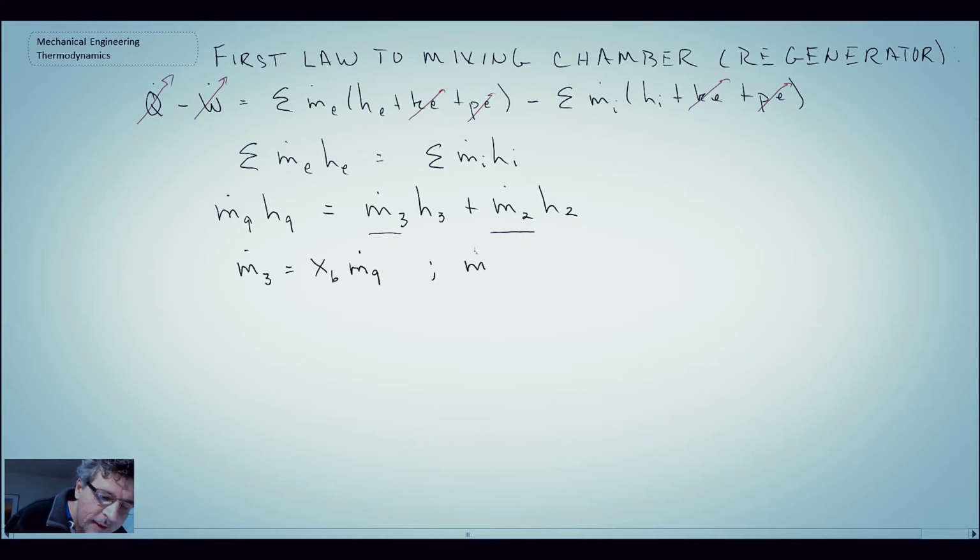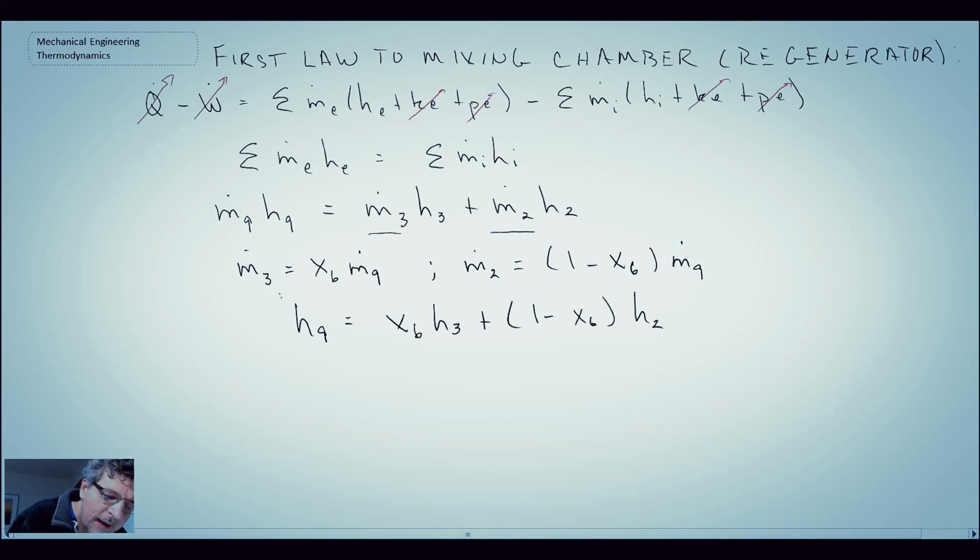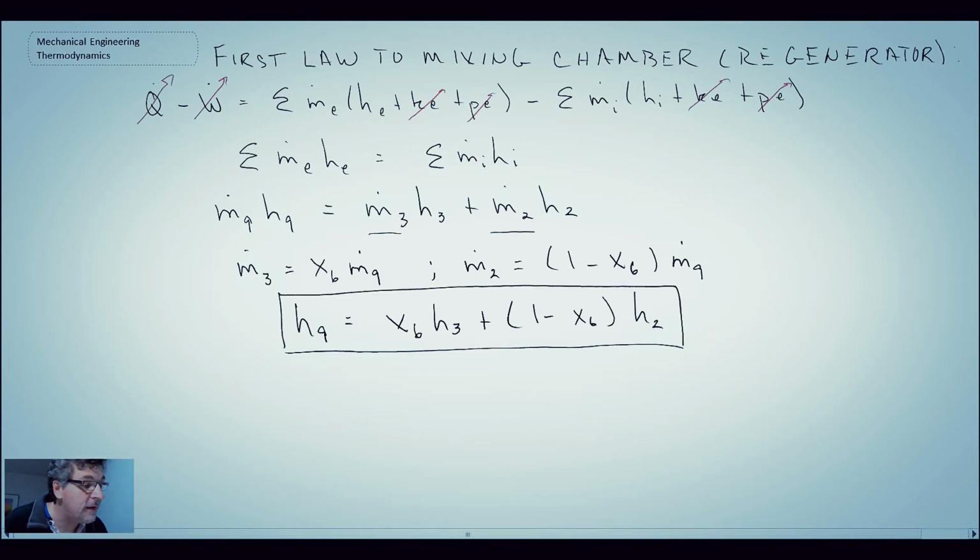And then m dot 2 is 1 minus that. So that enables us to determine the mass flow rates for 3 and 2. We can then plug in for the enthalpy at state 9 and obtain the following. And that's an equation that we can use for our mixing chamber or regenerator in determining the enthalpy at state 9.